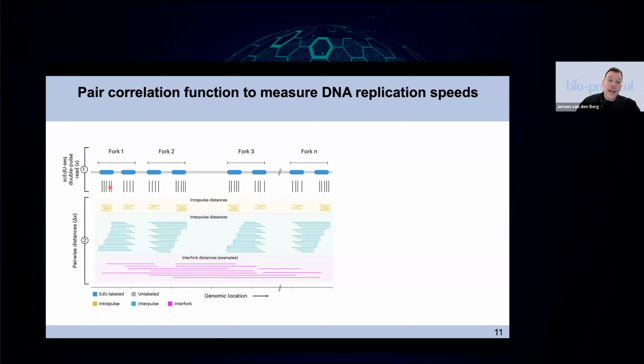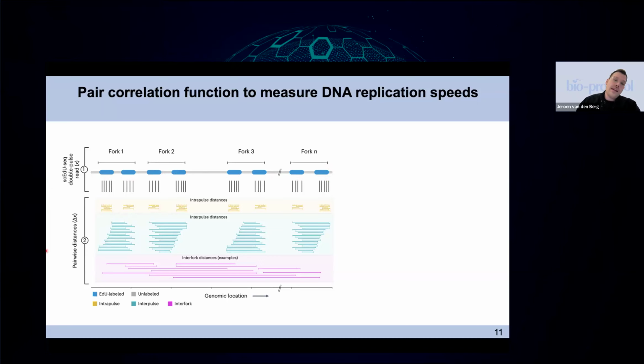You have a variety of different distances within one of these pulses, which are here indicated in yellow. And these also exist for the second pulse of this particular fork. But of course, you also have the distances that span these two pulses, and these are these cyan colored distances. This happens, of course, for many different forks.